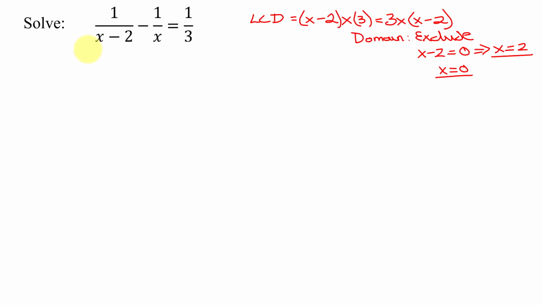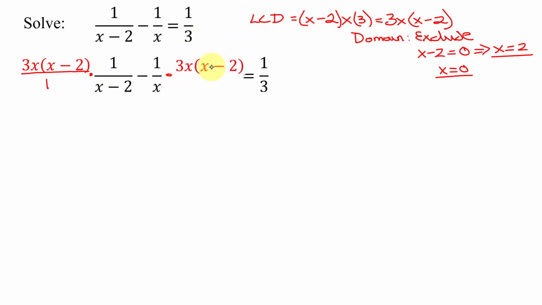Now I'm ready to multiply all 3 terms in my equation by the LCD. And to help me do that, I've written my equation and I've spread the terms out to leave me room. And so then I take my LCD of 3x times x minus 2 and I divide it by 1 to turn it into a fraction. And then I'm going to multiply it by every single term in my equation.